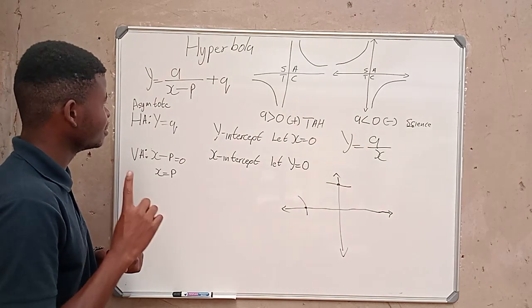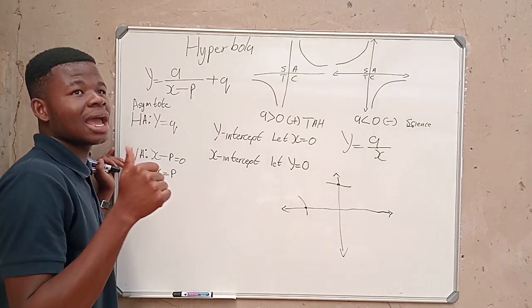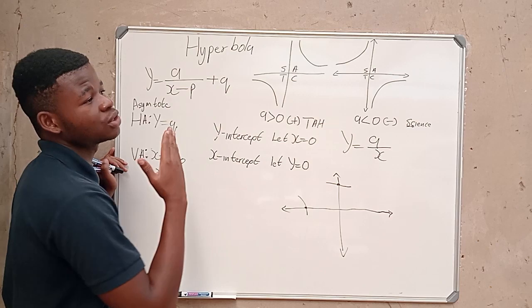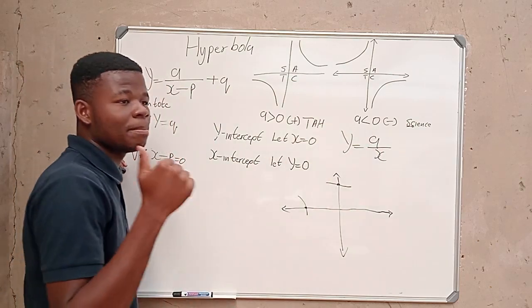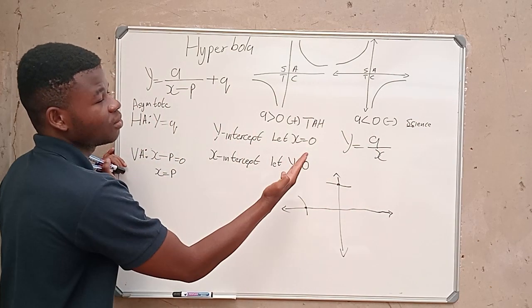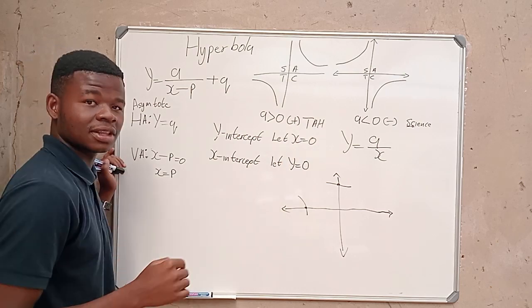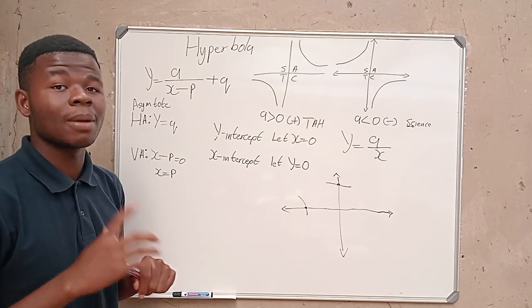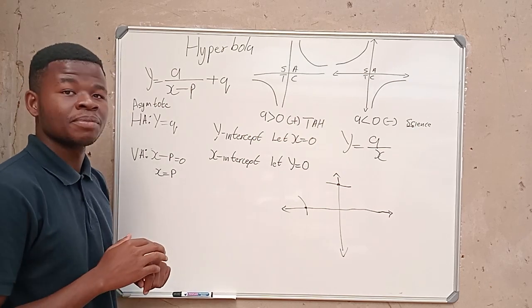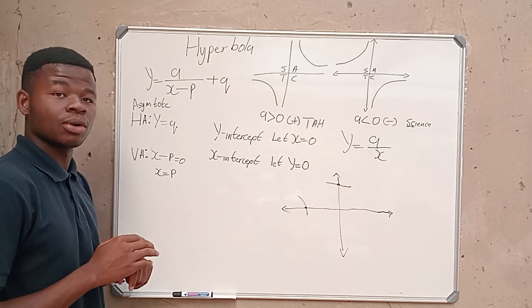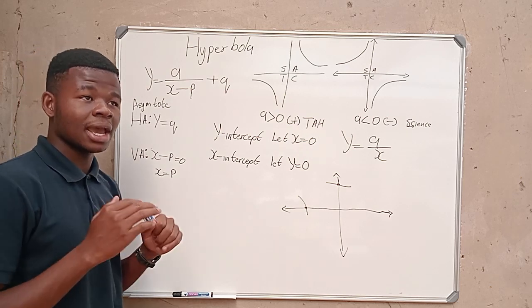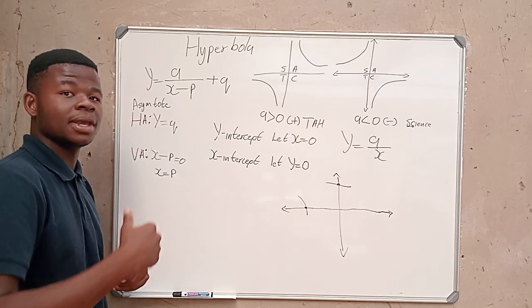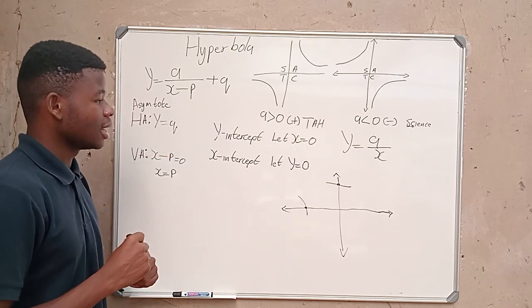For our vertical asymptote, when p is negative, our graph will shift to the right. And when p is positive, our graph will shift to the left. But I will highlight that in a second, because we are about to do a question paper, a question that I'm sure is going to appear when you are writing the exam.